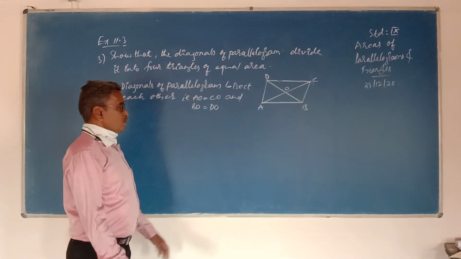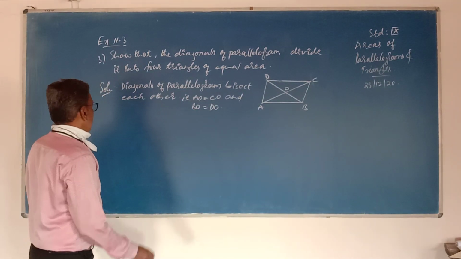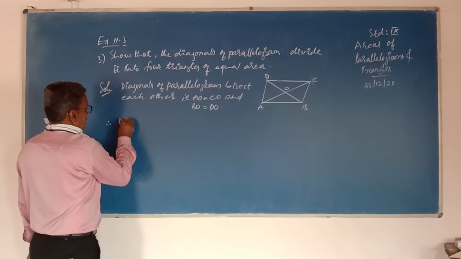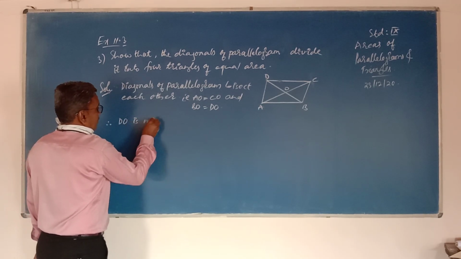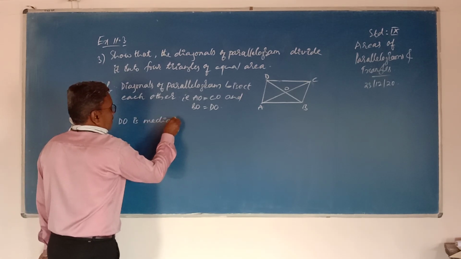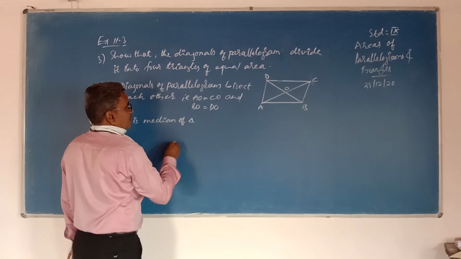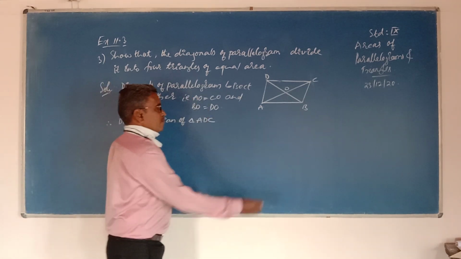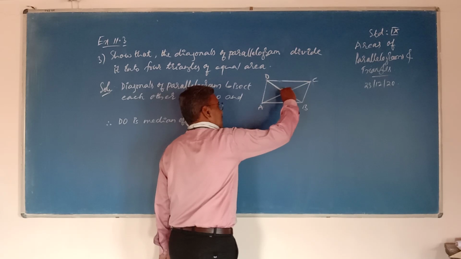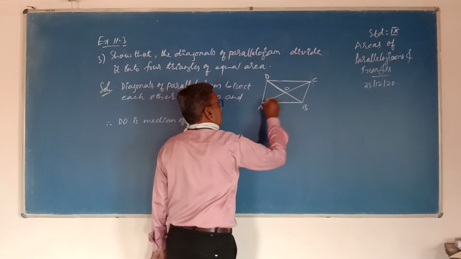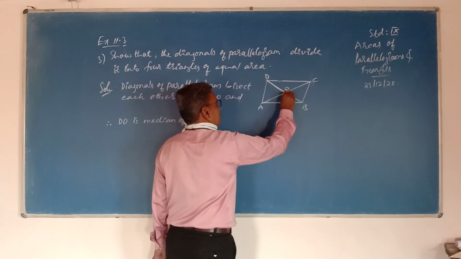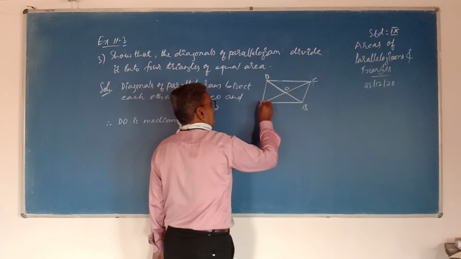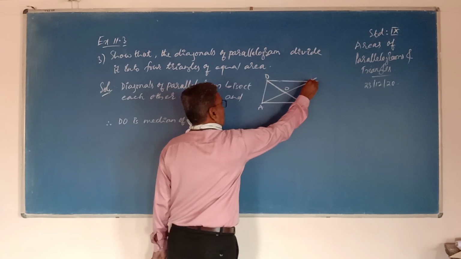AO equal to CO means O is the midpoint of AC. Therefore, BO is a median of triangle ADC. Understanding? O is the midpoint of AC, so DO is a median of triangle ADC. Okay.